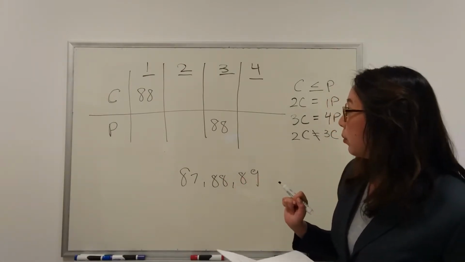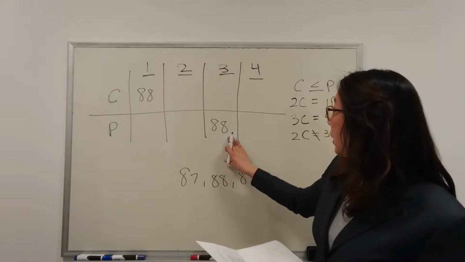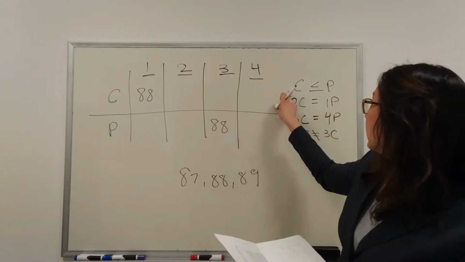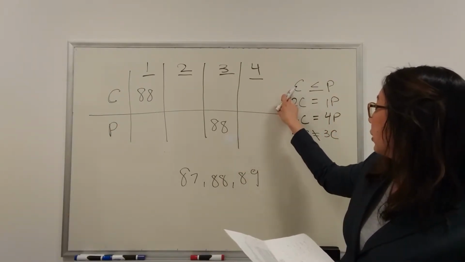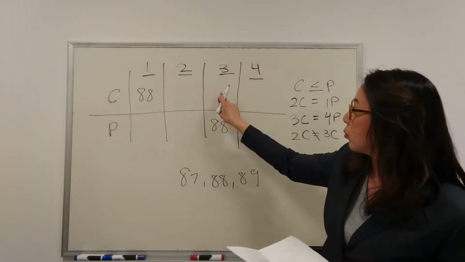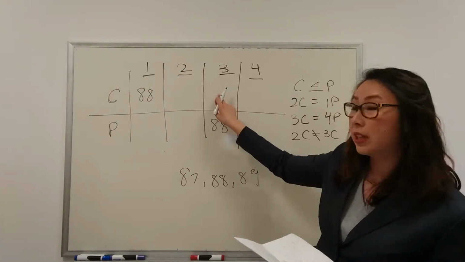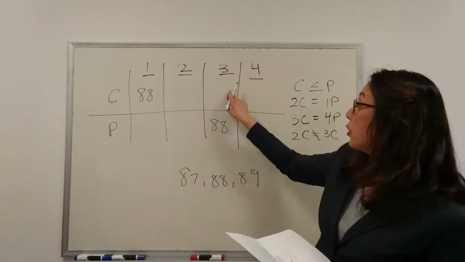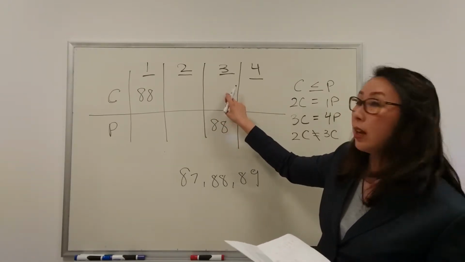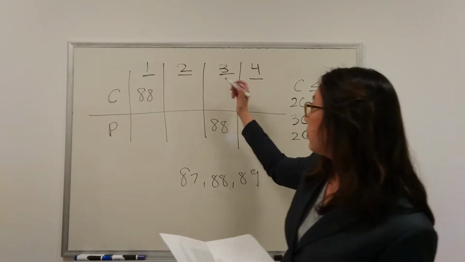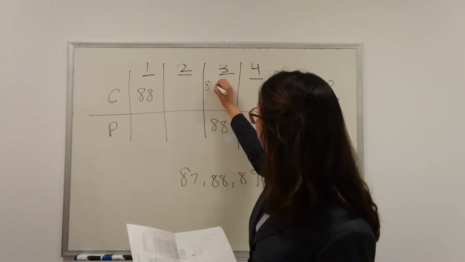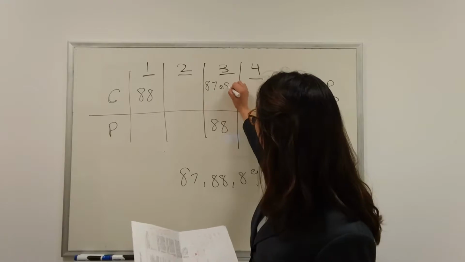So starting with 3P, because of the rule C is less than or equal to P, that means that 3C, the computer in Office 3, has to have been purchased either in the same year, 88, or the year before, 87. It cannot have been purchased in 89. So here we would just make a notation, 87 or 88.